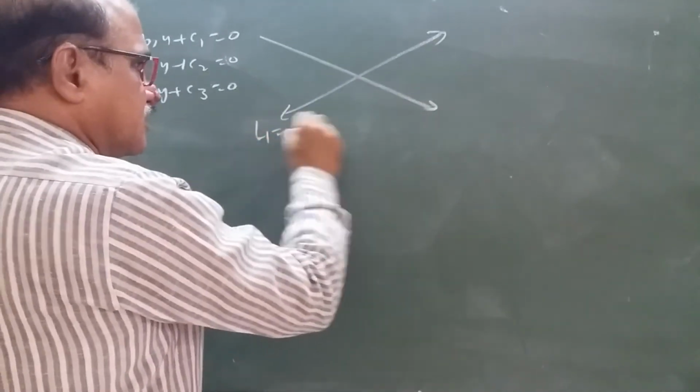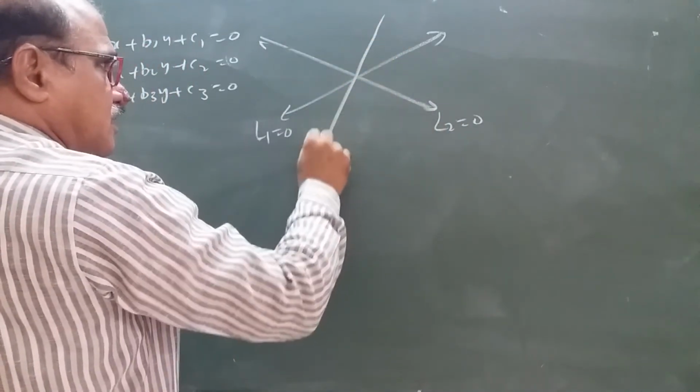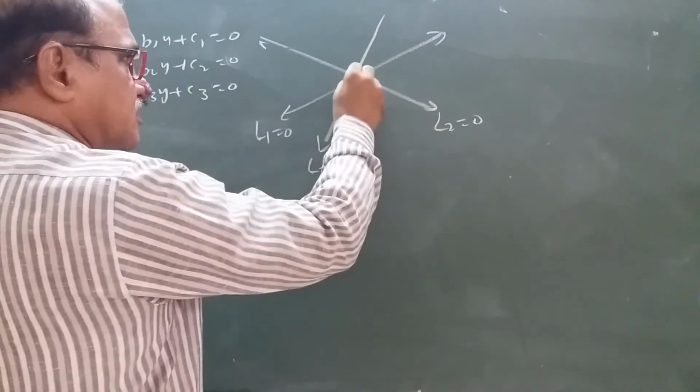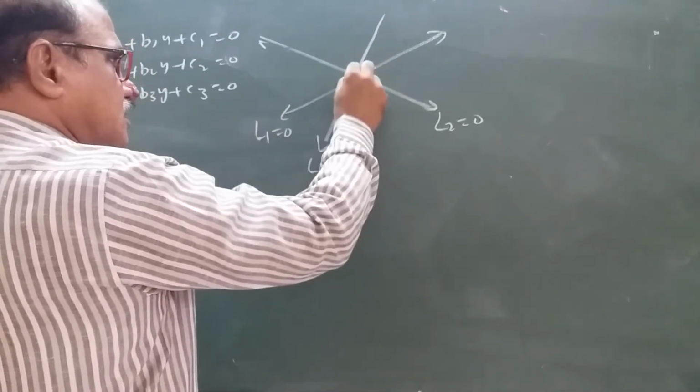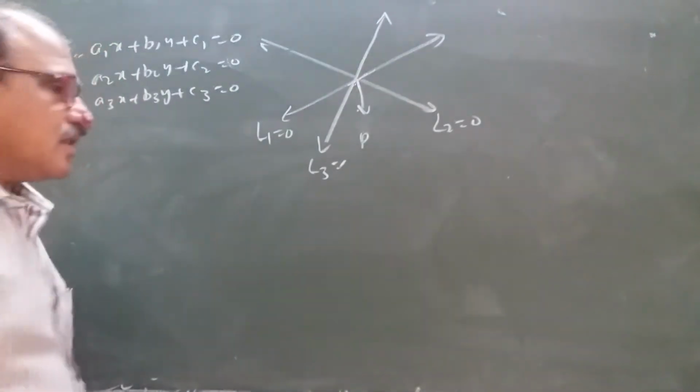This is L1 equals 0, this is L2 equals 0, and this is L3 equals 0. The point of concurrency is P.